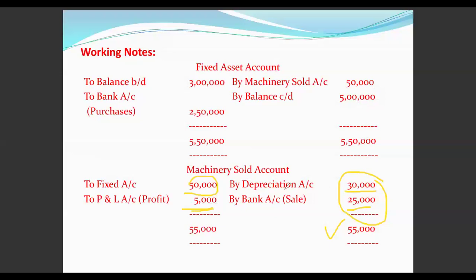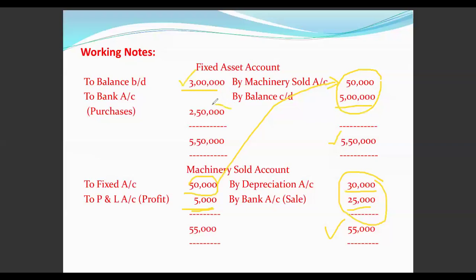Similarly, when machinery is sold, the effect is given in the machinery account. I have an opening balance of 3 lakhs and a closing balance of 5 lakhs. So the total of the credit side is 5 lakh 50,000, whereas the total of the debit side is hardly 3 lakhs.